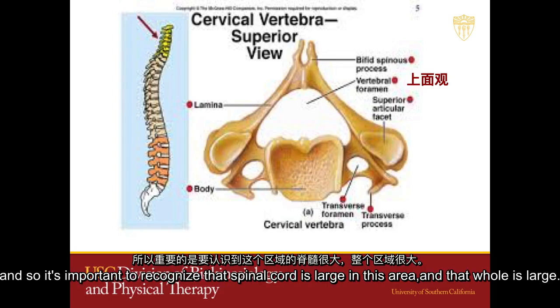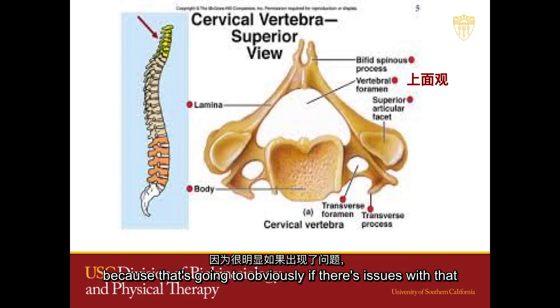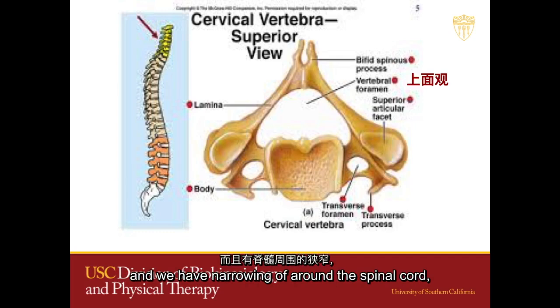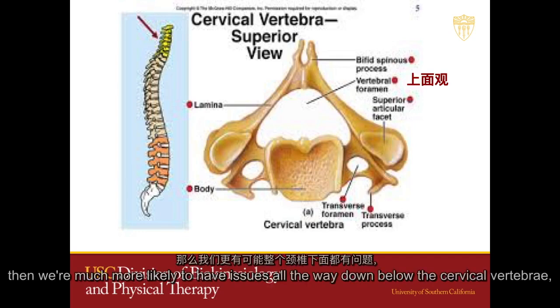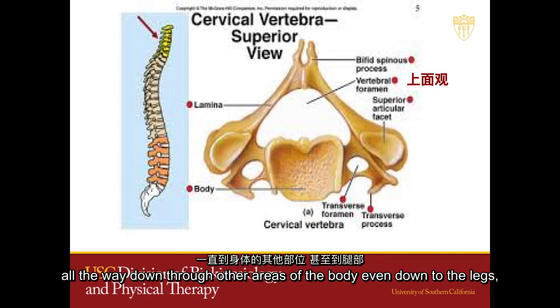And so it's important to recognize that the spinal cord is large in this area and that hole is large, because if there are issues with that, and we have narrowing around the spinal cord, then we're much more likely to have issues all the way down below the cervical vertebrae, all the way down through other areas of the body, even down to the legs.